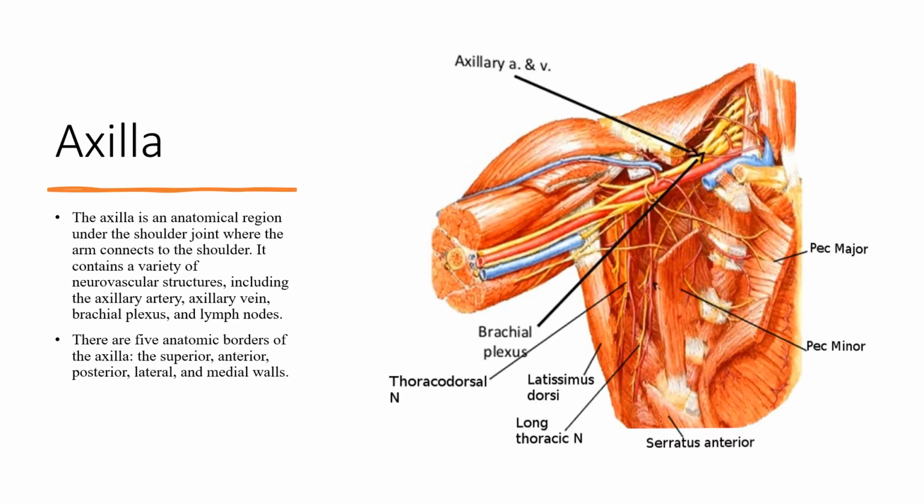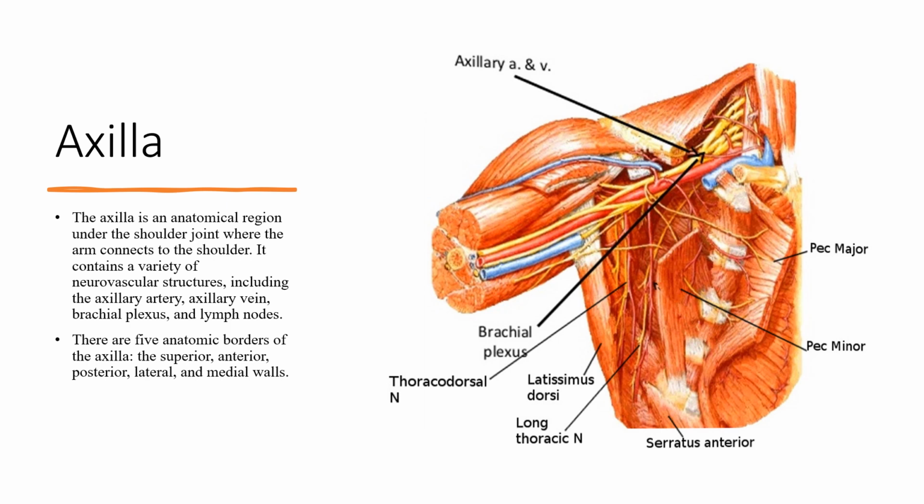Now, in order to answer this question, we need to first understand what the axilla is. The axilla is an anatomical region under the shoulder joint, where the arm connects to the shoulder. It contains a variety of neurovascular structures like the axillary artery, axillary vein, brachial plexus, and lymph nodes.